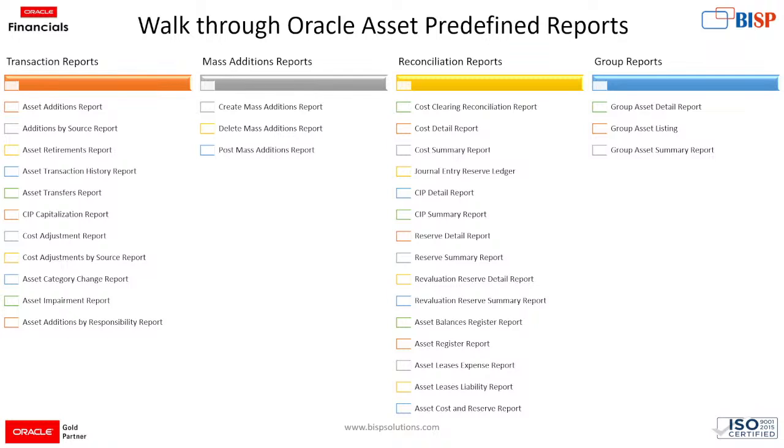Asset category change report. The list of all assets for which the asset category has been changed during the specific period. The sort by, group by total for each balancing segment, an asset account and asset number. Asset impair report.